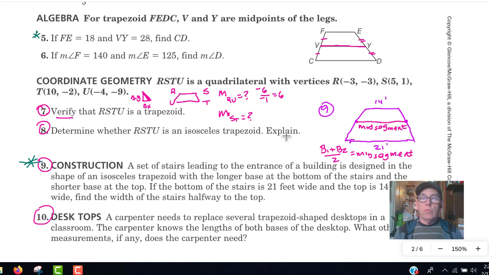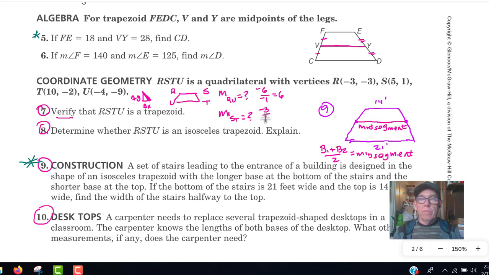Let's check for the slope of ST. Doing the change in Y, we're going from 1 to -2. So 1 dropping down to -2, that's a drop of 3. And then for S to T, for the change in X, we're going from 5 to 10.